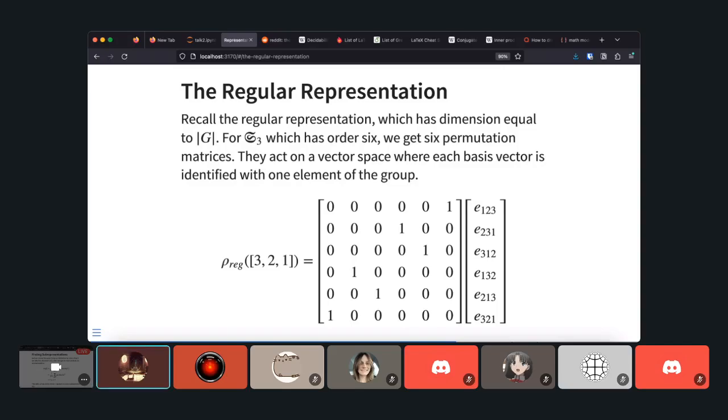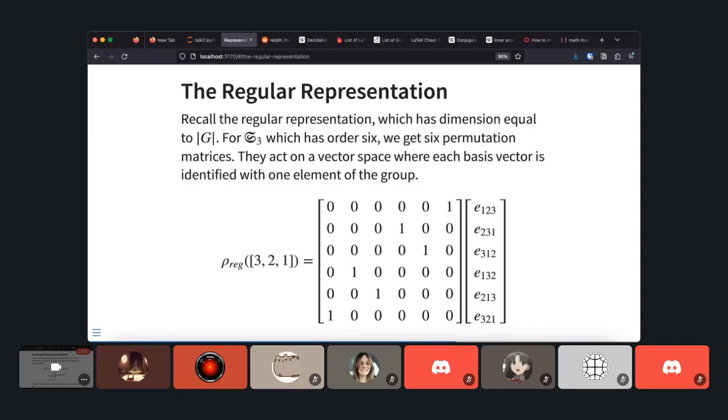And that is, you have a vector space that has dimension equal to the order of the group. And so each basis vector is one element of the group.